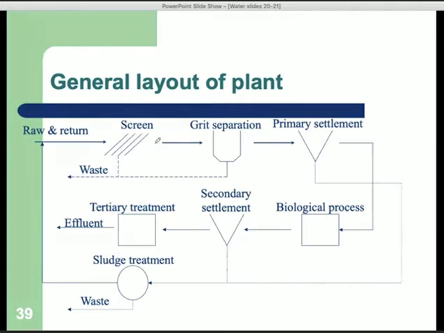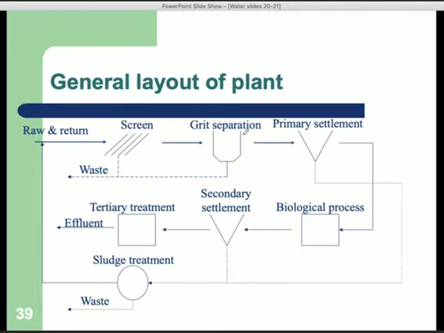Anyway, after that, you get the first treatment. This is preliminary treatment, which is grit separation. That's the solids that I mentioned earlier on, the solids that get washed down from the road. You put them into a chamber where the water, as it comes through the pipes, is turbulent and mixed. And you open up the channel, and then the water velocity lowers.